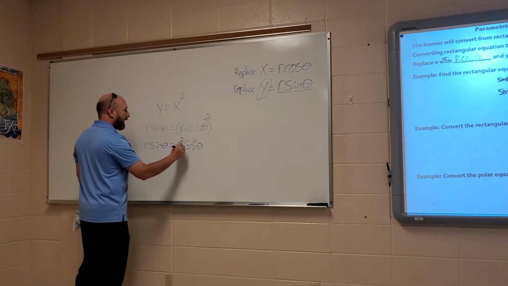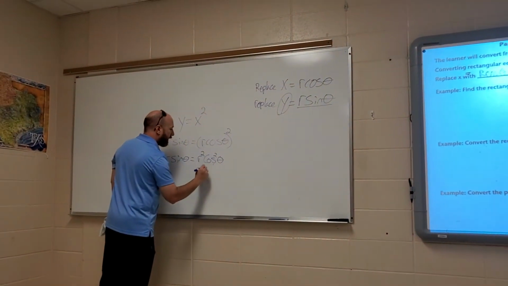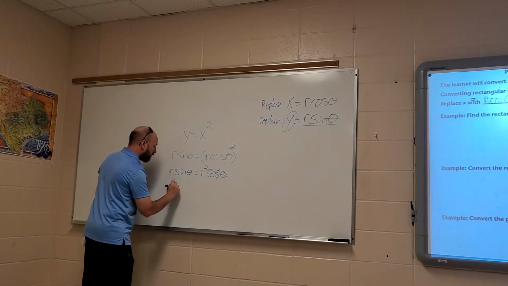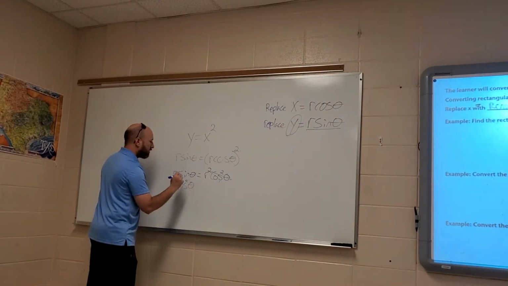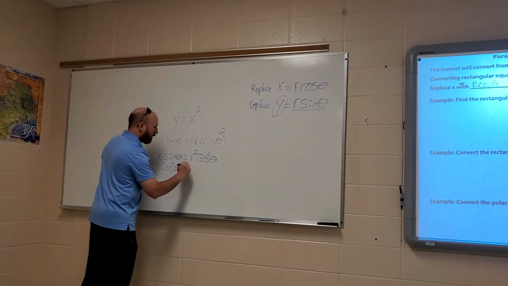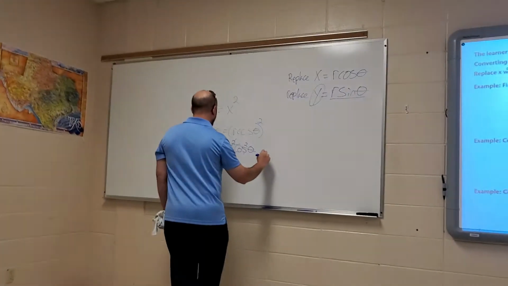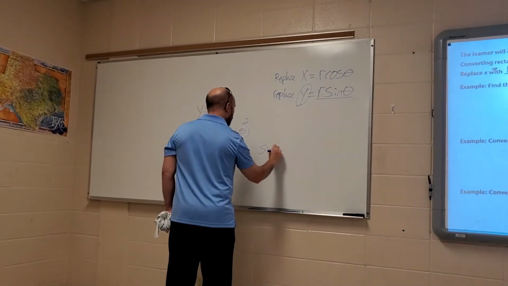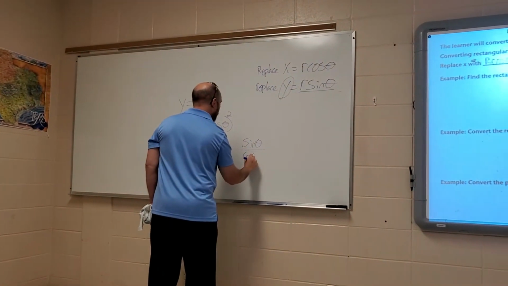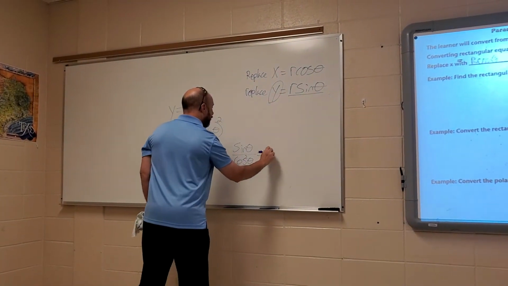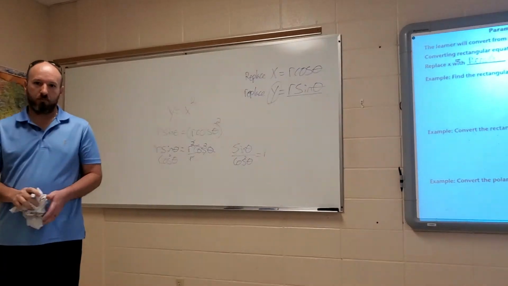Okay, divide by cosine theta on both sides. And then divide by r. And you end up with sine theta over cosine squared theta equals r. Okay?